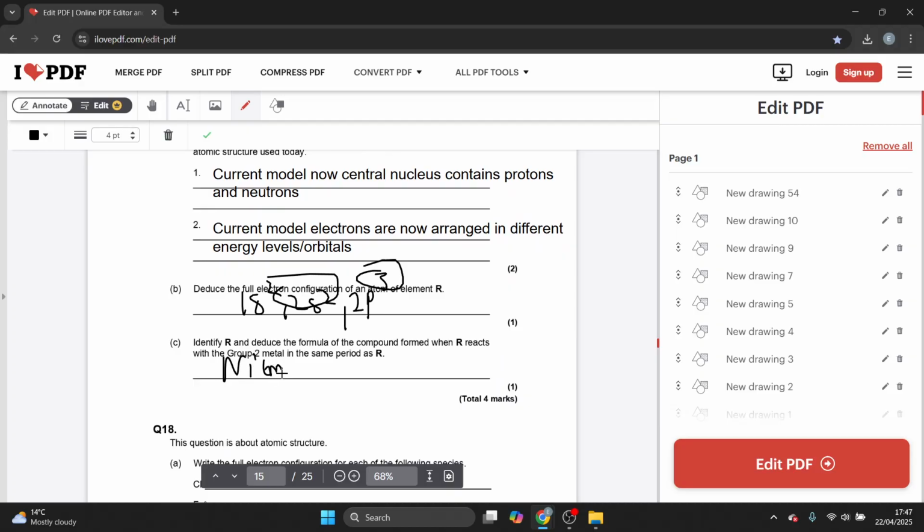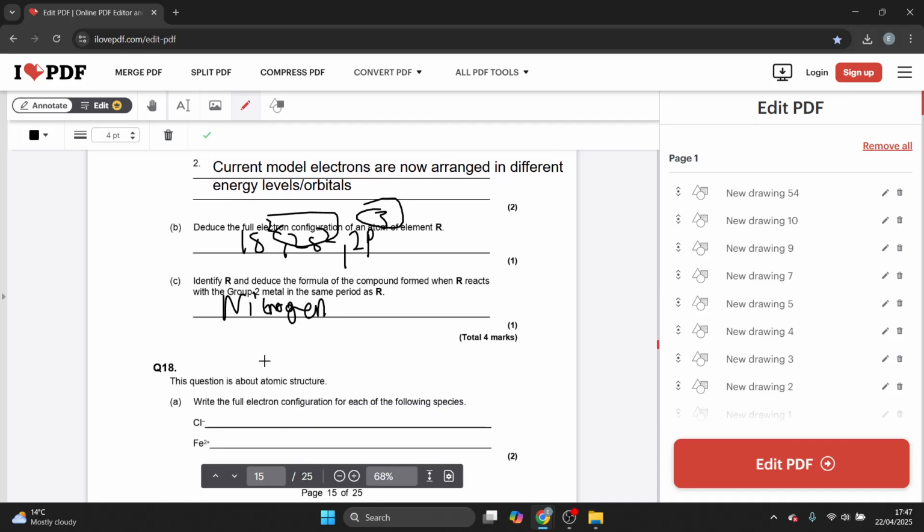And it says deduce the formula for the compound formed when R reacts with a group 2 metal in the same period as R. So in this case, you need to know the group 2 metals, beryllium, magnesium, because remember periods go this way, whereas groups go that way. You need to know that first, and then you go to nitrogen, and if I go all the way to the left, the group 2 metal in the same period as R is beryllium. But how is that going to help me?